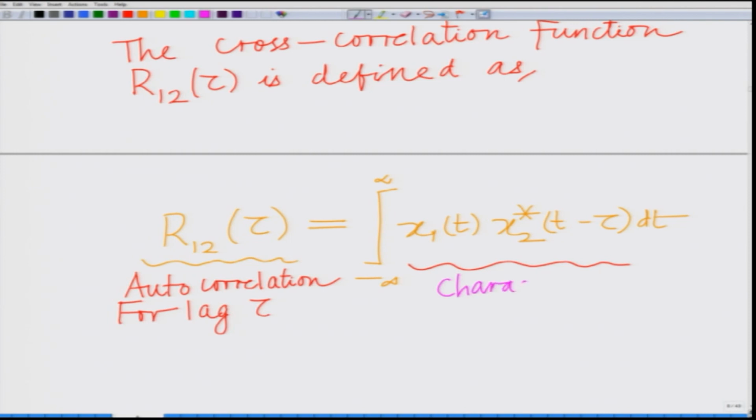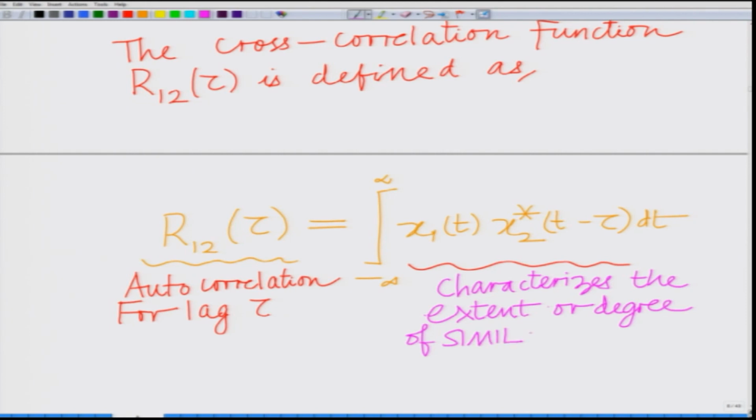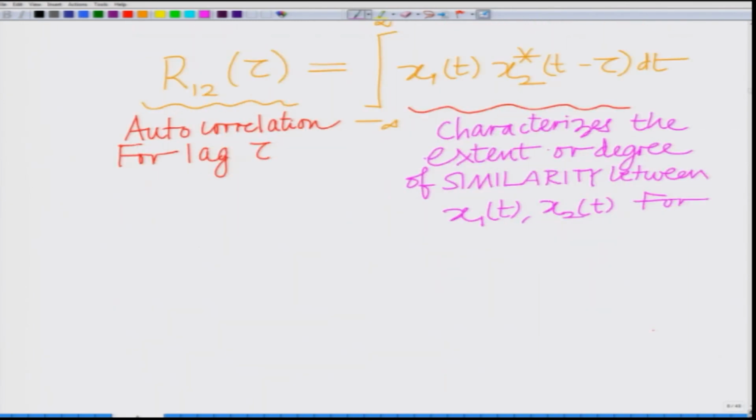It characterizes the extent or degree of similarity between x1(t) and x2(t) for a lag or shift of tau.